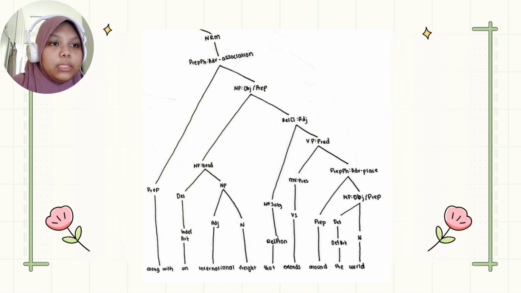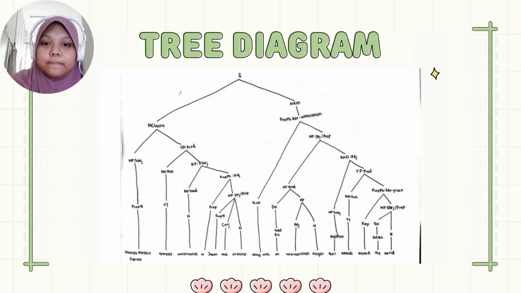We have a determiner, and this is the definite article. And then we have world, which is the noun. So here it is. This is the full tree diagram of the sentence. You can see here we have the main clause here, and this is the NRM here.